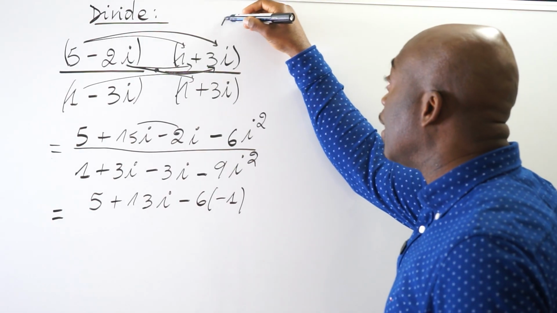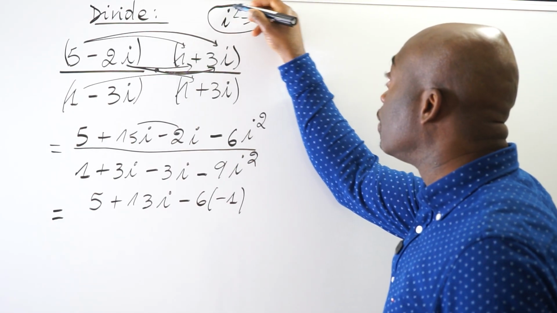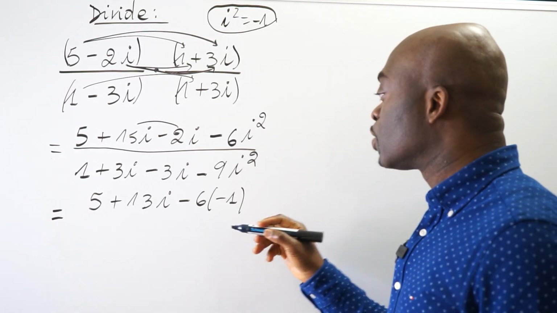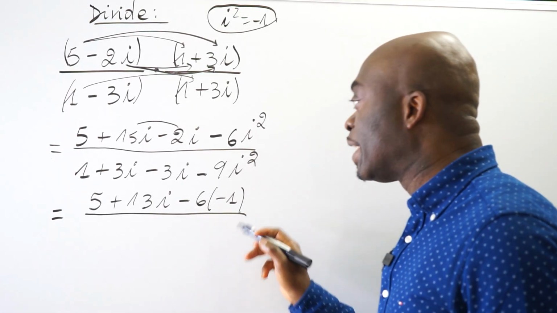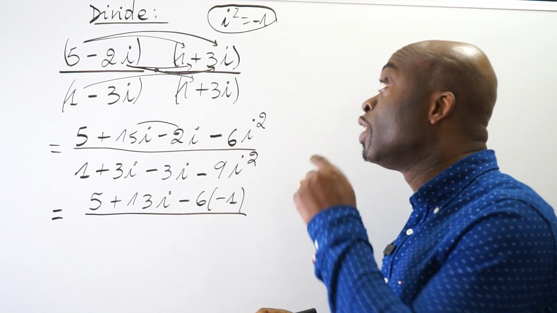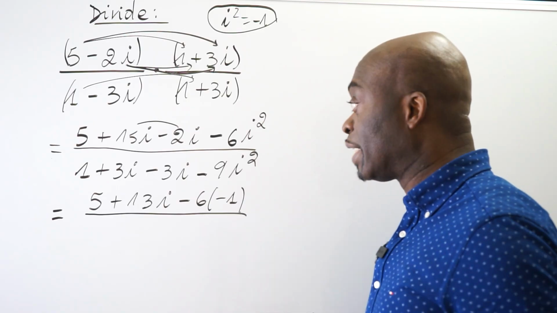Okay? i to the second is equal to negative 1 for imaginary numbers. And that's something that we learned about in previous videos, okay? So we can go back to our previous videos where we dealt with complex numbers, imaginary numbers like that.